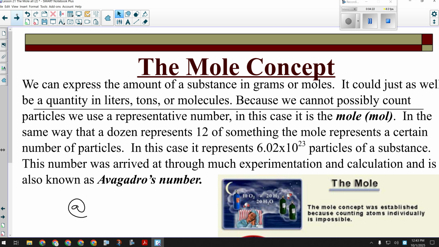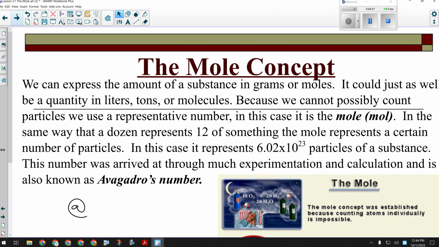As I was saying, the mole is a unit of measurement. This is the number of particles in a mole, whether they're atoms or molecules. That's Avogadro's number. You're probably looking at that number and thinking it is a totally random number. It's actually not. Here's how Avogadro got that number.